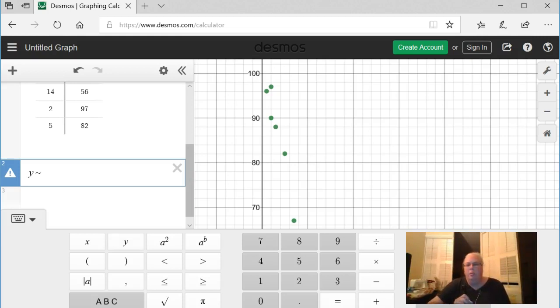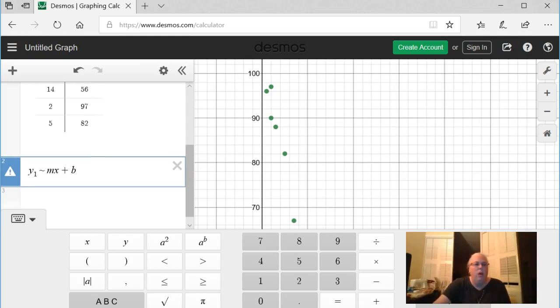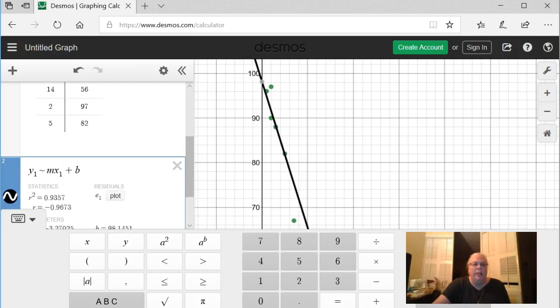This is an approximation, and we're going to put in mx plus b. It hasn't done anything for me because it doesn't know what to use. I need to tell it to use the table. So instead of just y, we're going to have to put in y1 and mx1, and that's going to tell it to use my table.